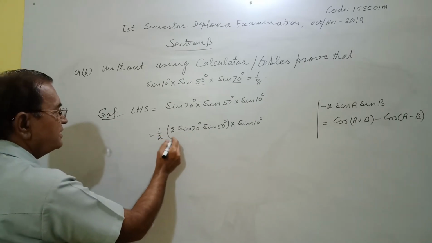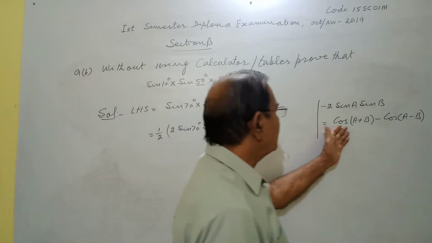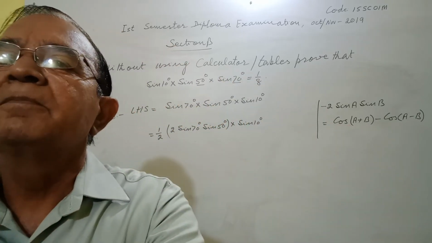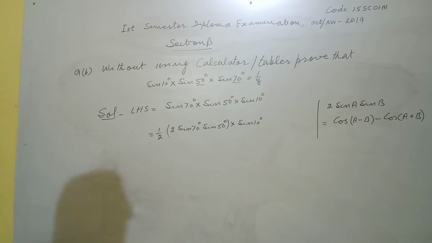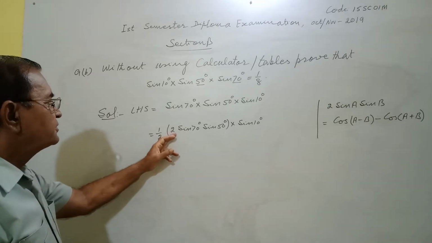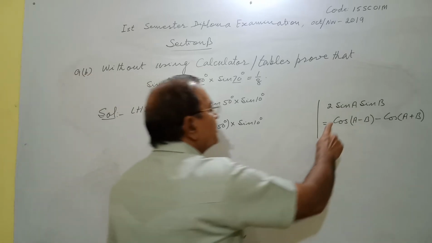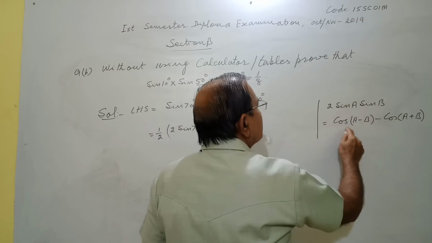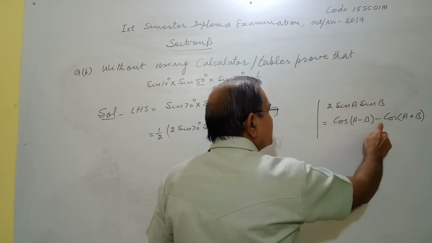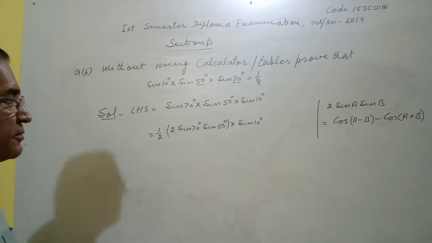See the identity for 2 sin A sin B. For 2 sin A sin B it is cos A minus B first, minus cos A plus B. So that is the identity.